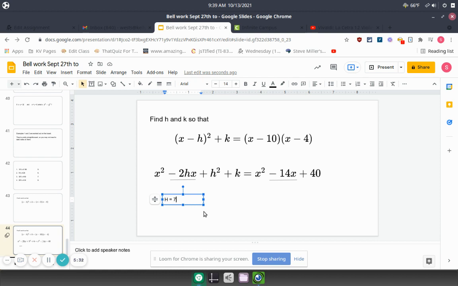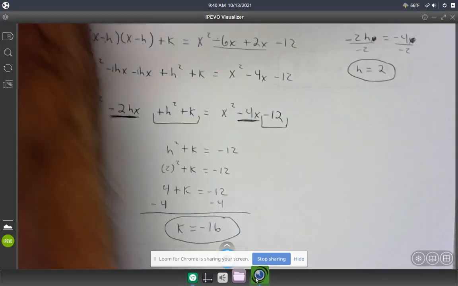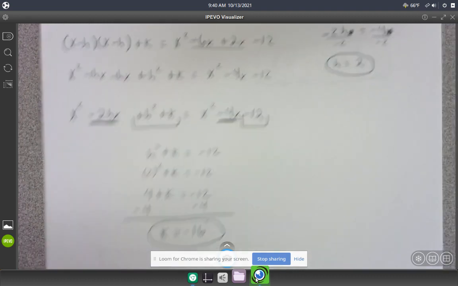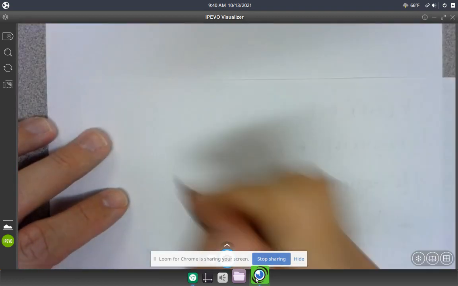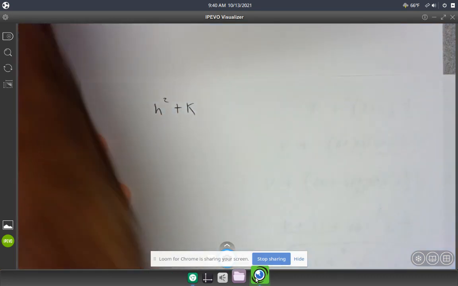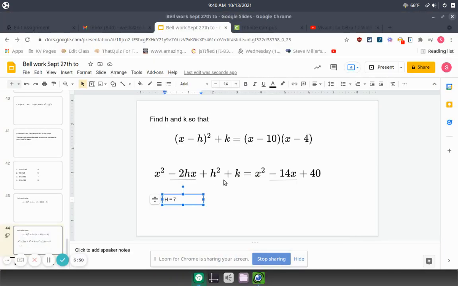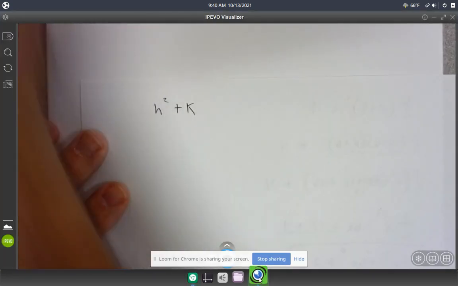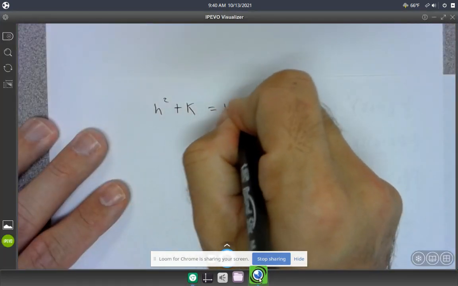The last bit is this h squared plus k part. That's going to match up to my 40, so h squared plus k is equal to 40.